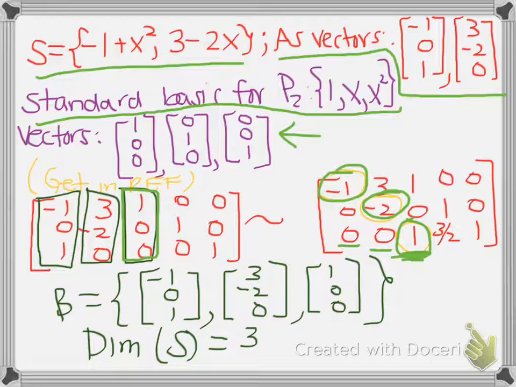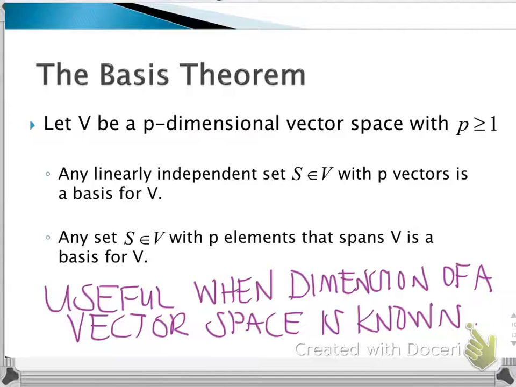So our basis in extending it is the first 2 vectors we already had plus that third vector from the standard basis for P2 that we found using REF. Therefore the dimension is 3, which we already knew because we were talking about P2 and the dimension is n plus 1. You might have to stop this video and go back to make sure you fully understand that. All right, so the basis theorem.